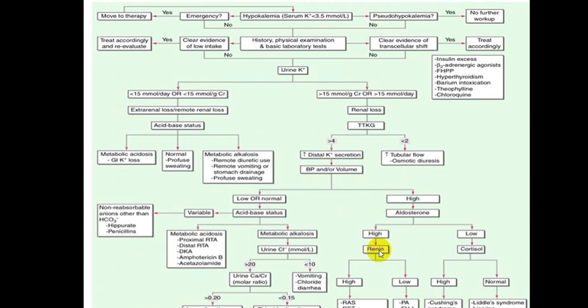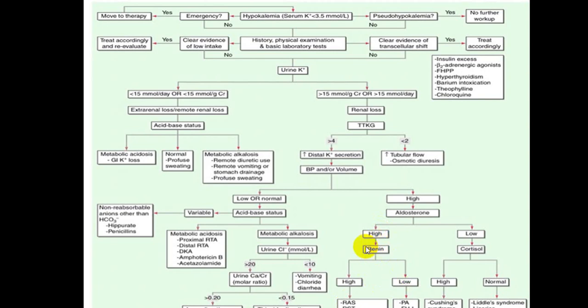And if there is high renin, so high renin, high aldosterone, hypertensive with urinary potassium loss, then look for malignant hypertension, renal artery stenosis.